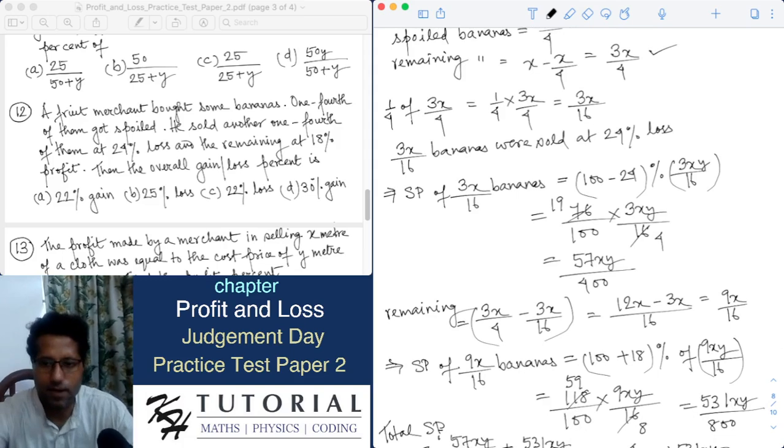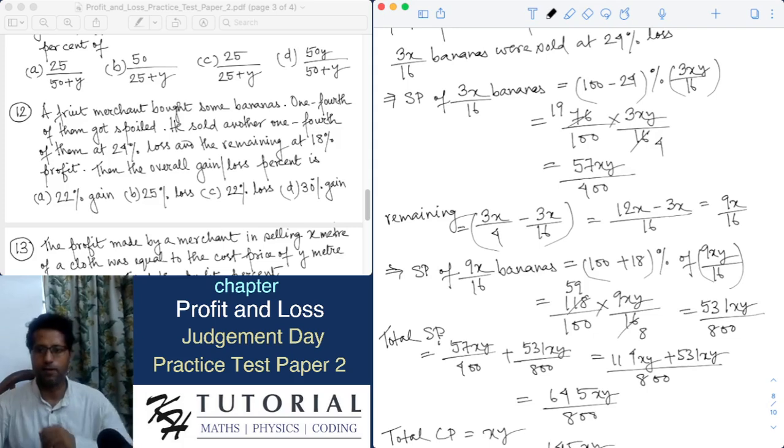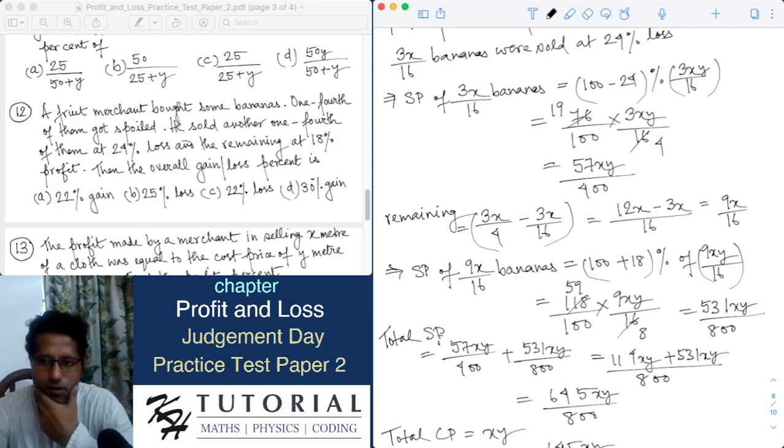So 9x by 16 bananas were sold at 18% profit. This means the selling price of 9x by 16 bananas will be 100 plus 18%, that is 118 divided by 100, multiplied by the cost price of the 9x by 16 bananas, which is 9xy by 16.